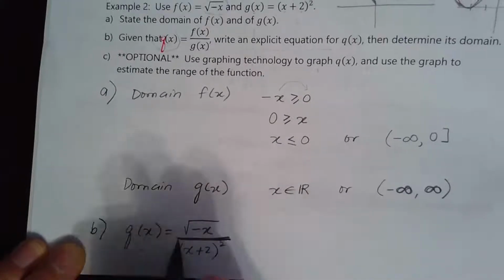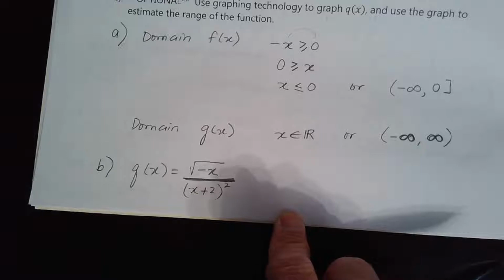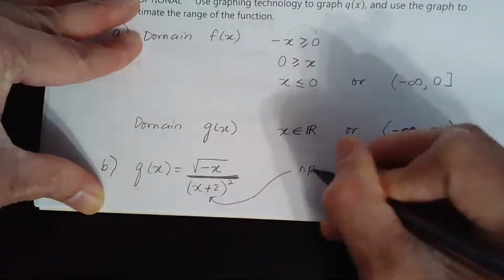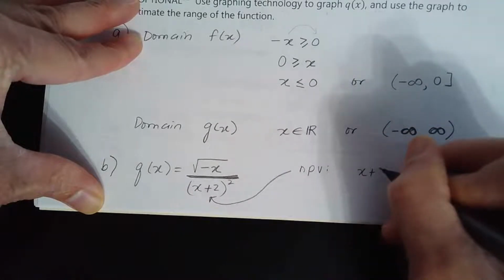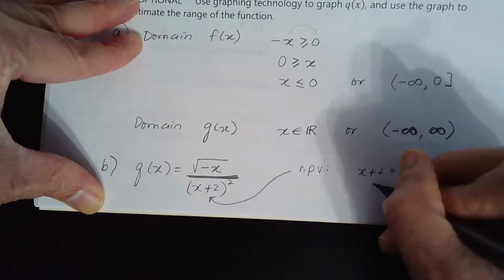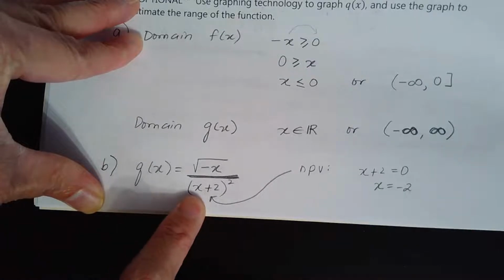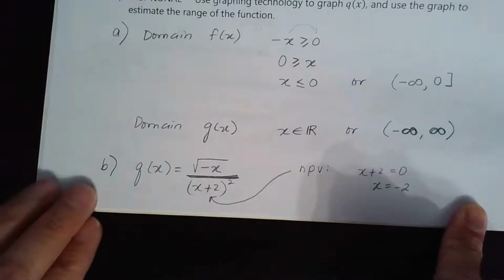So that's an undefined function, right? What number will make the denominator 0? Zero. That's a non-permissible value. So x plus 2 cannot equal 0, so x cannot equal negative 2, because if we put a negative 2 there, negative 2 plus 2 is 0, a non-permissible value.